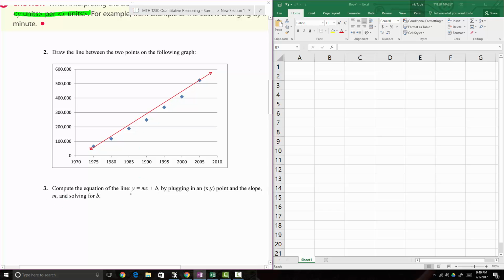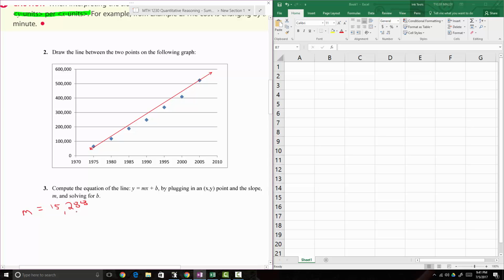Now it says compute the equation of the line, y equals mx plus b, by plugging in an x, y point and the slope m and solving for b. I already have the slope, which is 15,288.